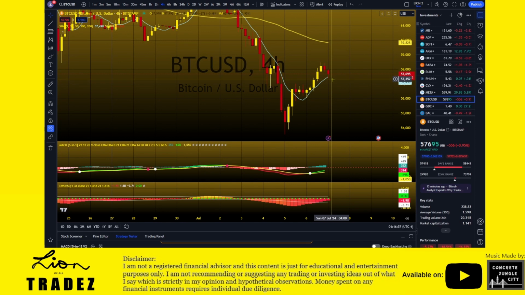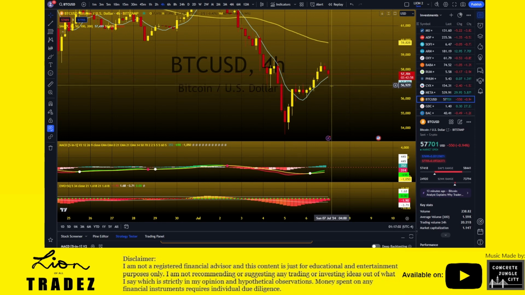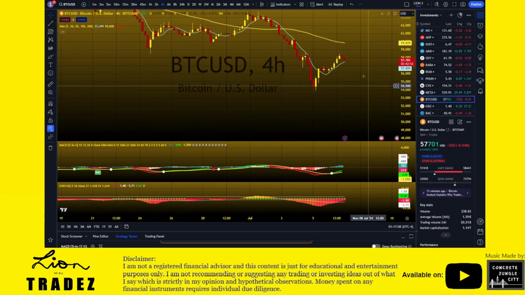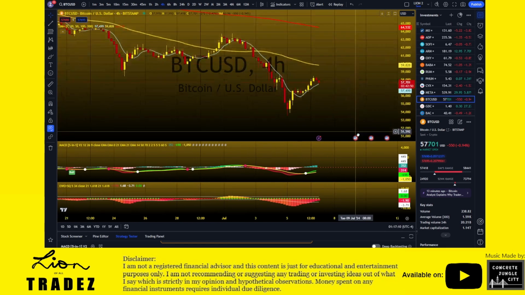Now for the next 4 hours, you would need to fall below the 7-day for more bearish action and a continuation to the downside.